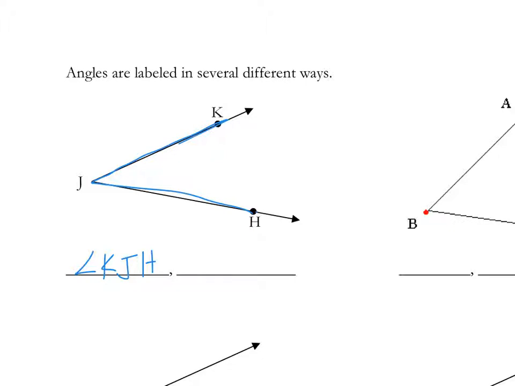You could do HJK and go the other way. Angle HJK. A third way is if the angle is all by itself, so there's only one angle with that vertex. If there's only one angle with vertex J, I could also say angle J. These you can always do, this one only sometimes.